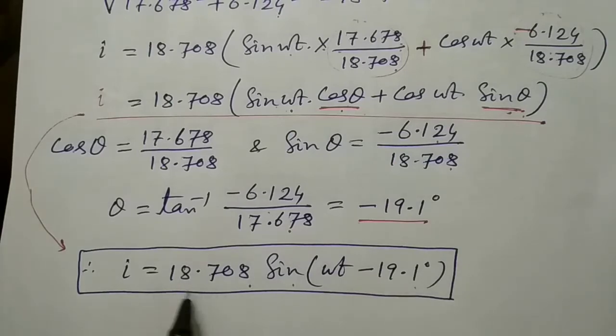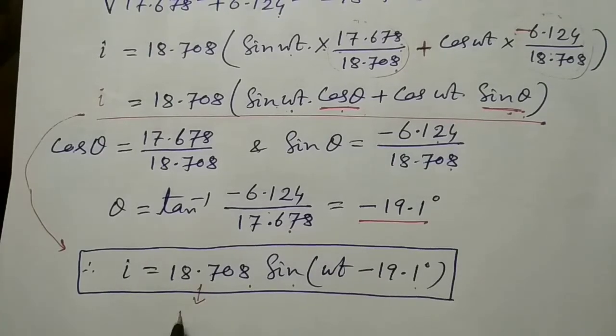Here 18.708 is the maximum value of the resultant current, and this is the phase of the resultant current.